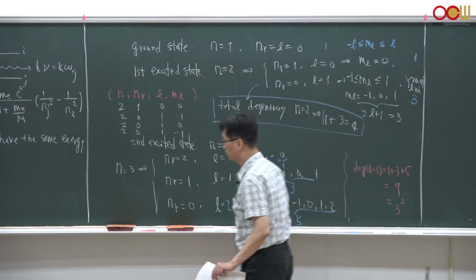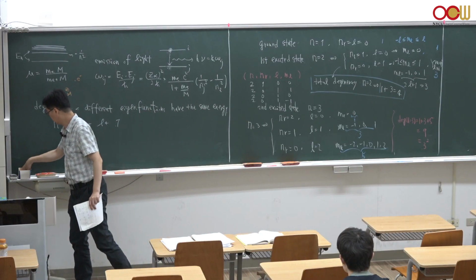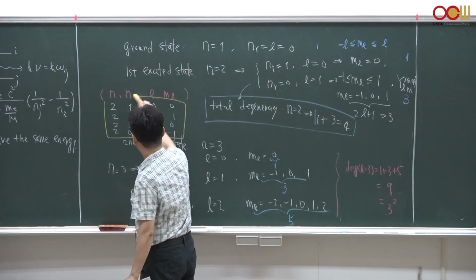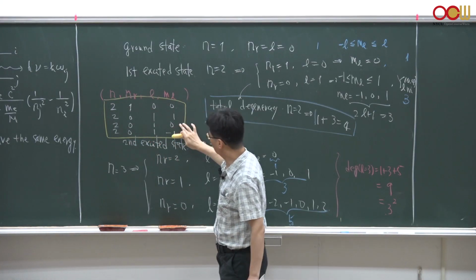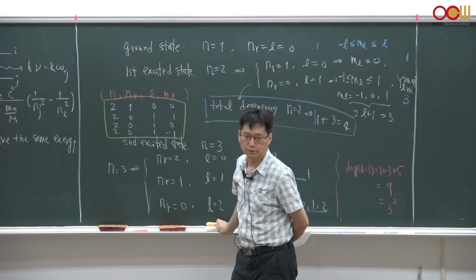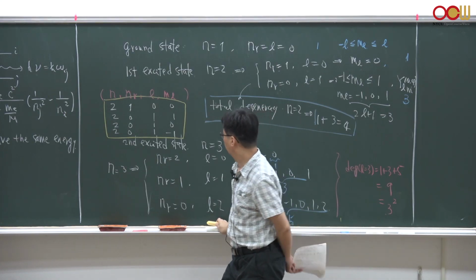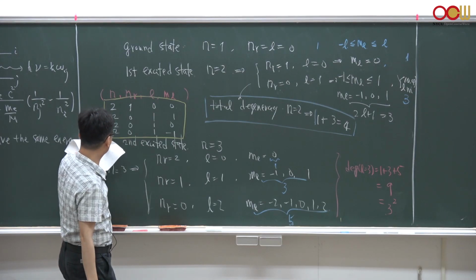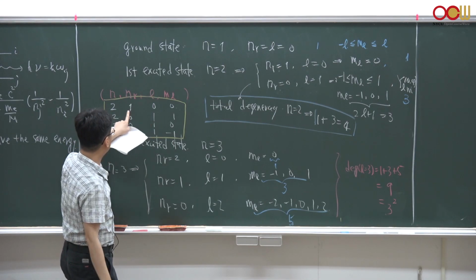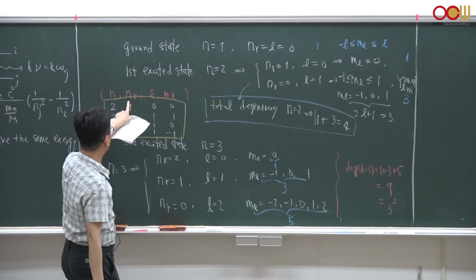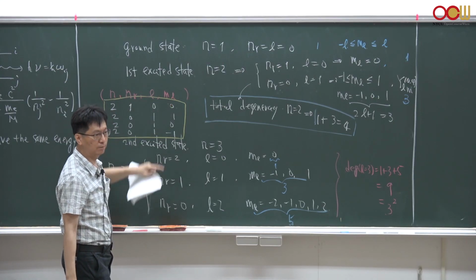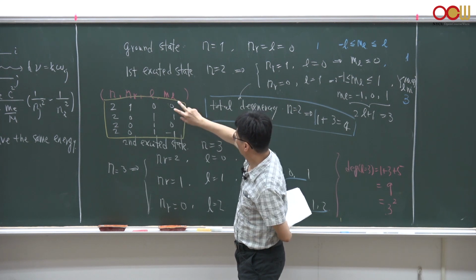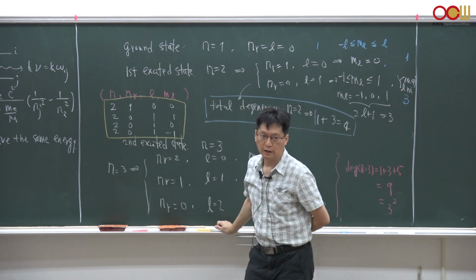If you look at all these quantum numbers associated with these 4 states, you will see immediately that these 4 states are completely different. Although they have the same principal quantum number, which is 2, if you compare these combinations of nr, l, and ml, there are no combinations among these 4 states that are identical.